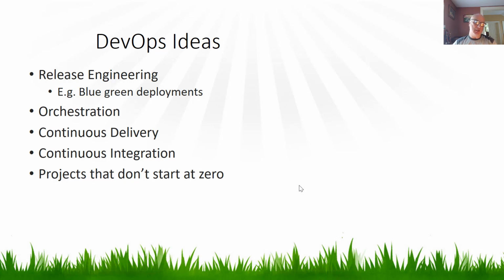Then this last one, projects that don't start at zero. What I mean by this is that instead of trying to develop everything from nothing and make a new application, that's not how you do it. If you were to come up with an e-commerce application, you would probably start out, at least originally, letting Amazon do your clearing of transactions.